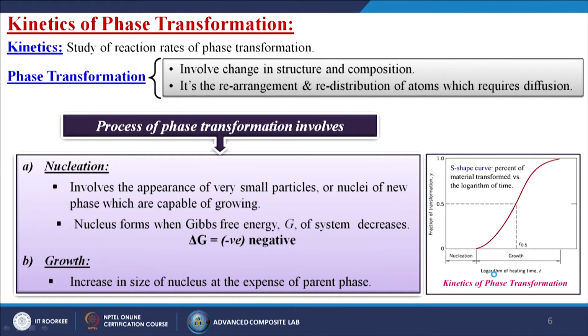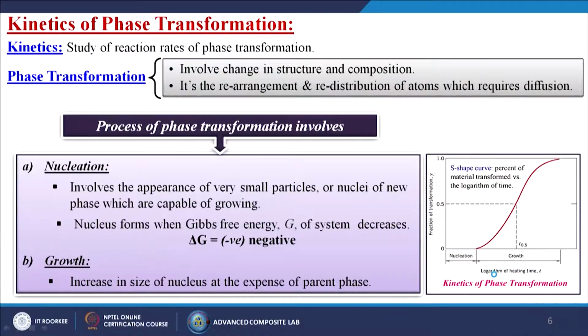The process of phase transformation involves two things, one is called nucleation, another is called growth. Nucleation is the initial stage. First the material will nucleate, it will start to be born, and then it will become bigger and bigger. It is like a human's birth.